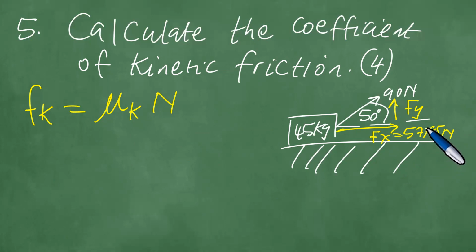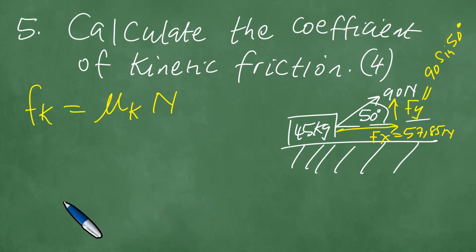And then you have Fy. There also Fx is that one, we found it before in one of the questions above. And then Fy is 90 sine 50 degrees.